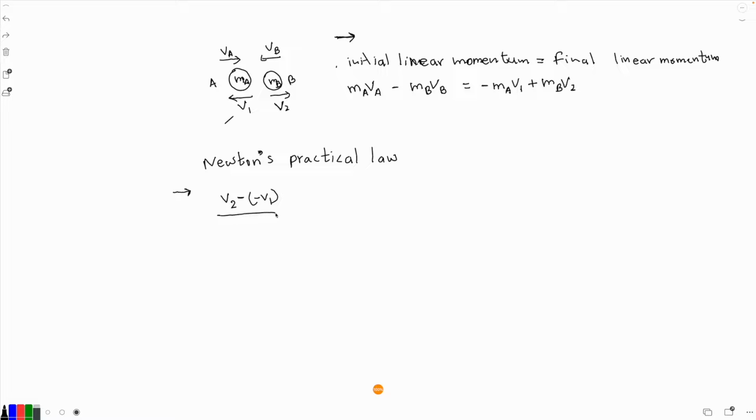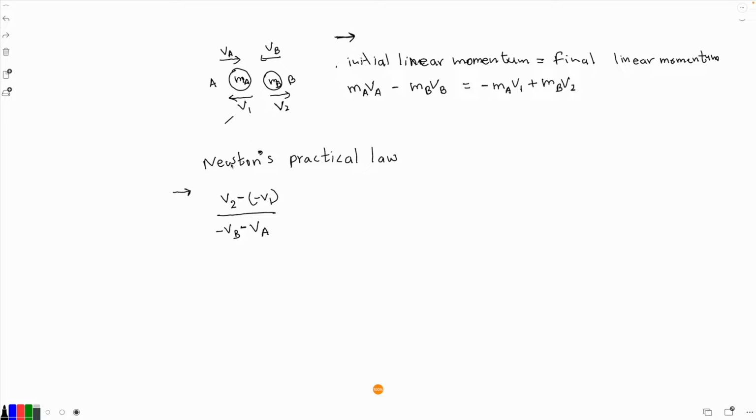Then the difference between initial velocities. The initial velocity of b is vb, which is in the opposite direction to what we consider, so it is a negative vb. And this negative mark comes from the equation. The initial velocity of a is va, which is in the same direction as we consider.